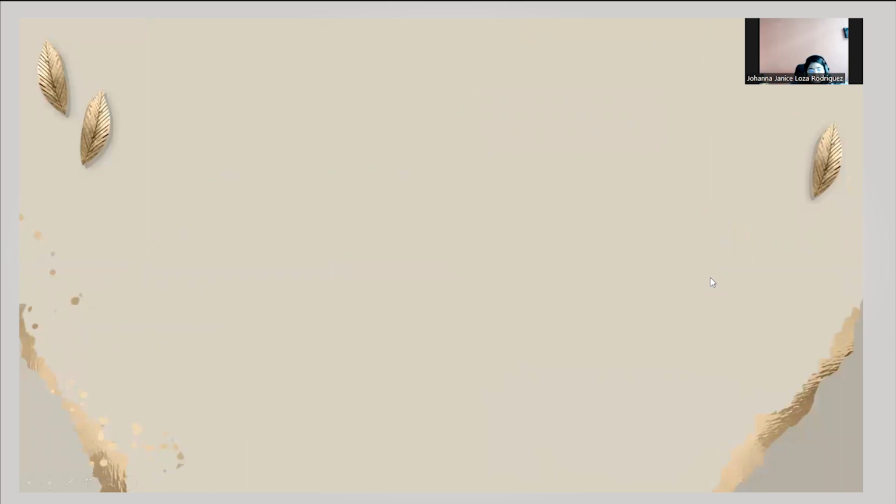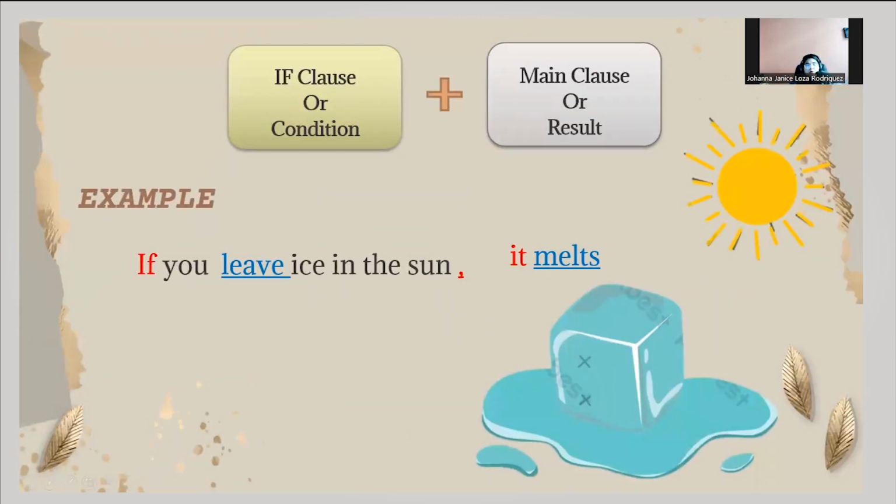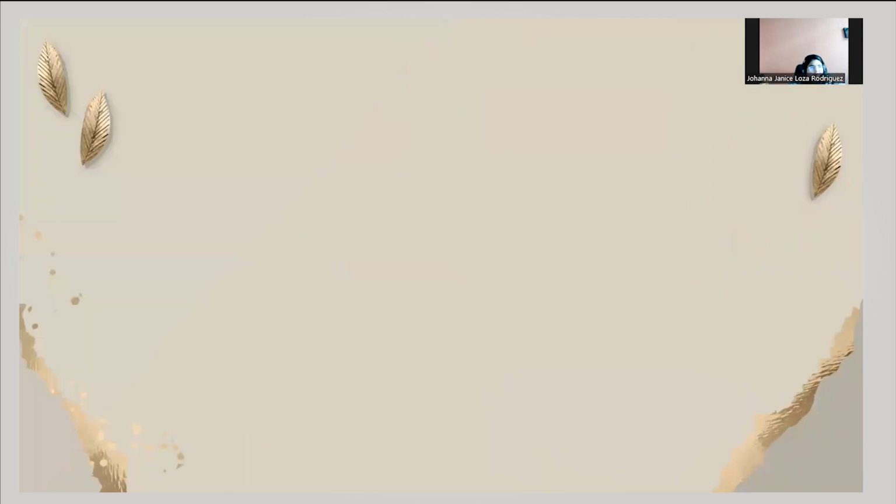Here we have, you can move the clauses around, okay? You can change the order. Now you can start first with the main clause and then with the if clause, and there's no difference. Well, just a little difference, and you will see. Here we have the second pattern.